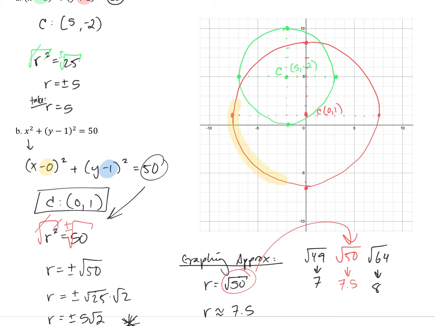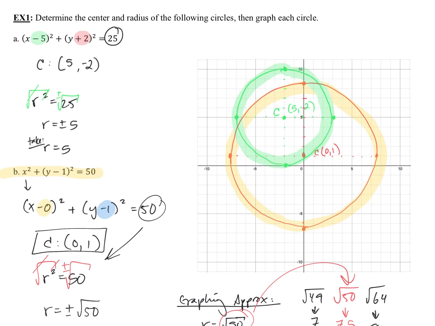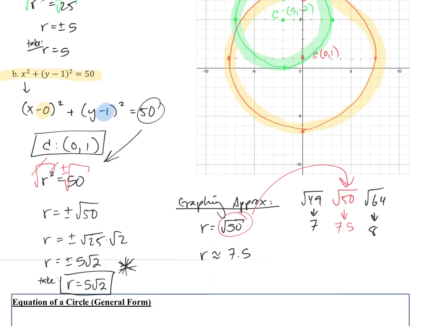So all these points right here in red would satisfy this equation, and the points along the circle would satisfy this equation. So it's not the items inside and it's not the center, it's the items along the circumference of the circle.